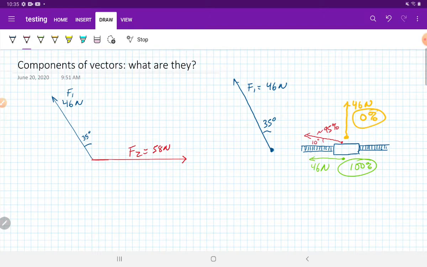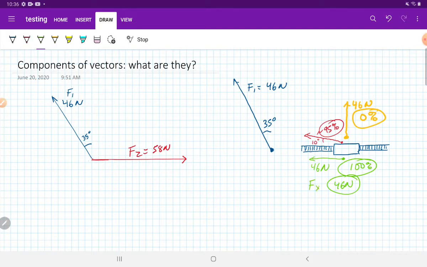And it's not going to move as quickly as in the green direction, but close. So I'm going to get about 95% of my pushing force. When we look at the numbers, in the green, the full 46 newtons would be pushing in the X direction.